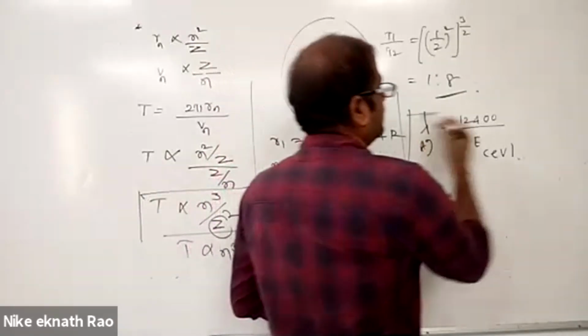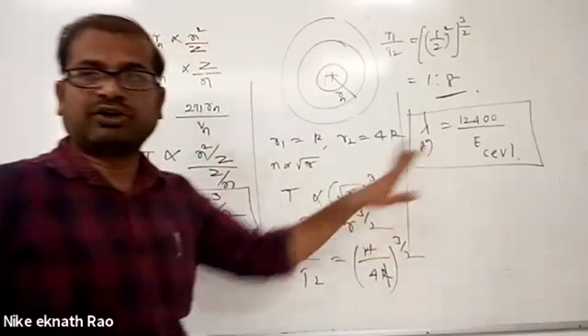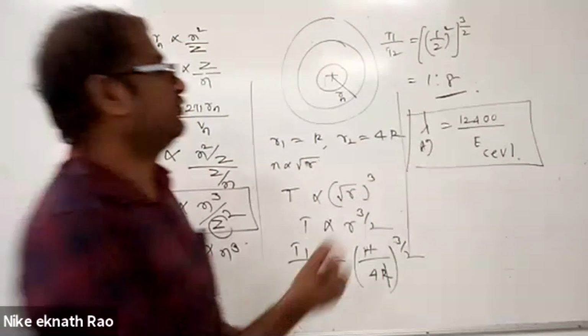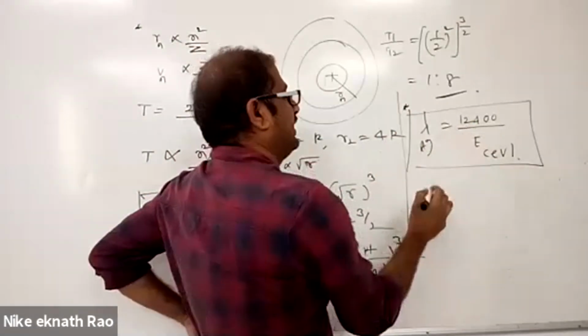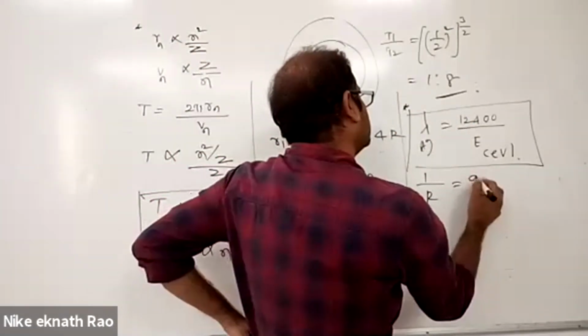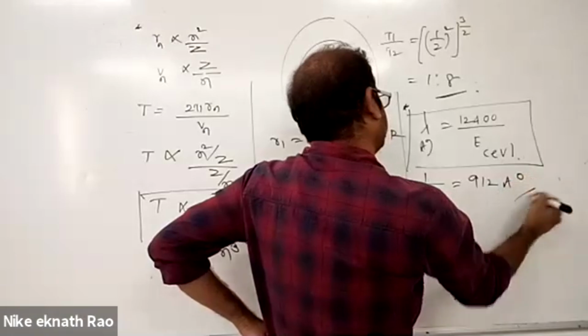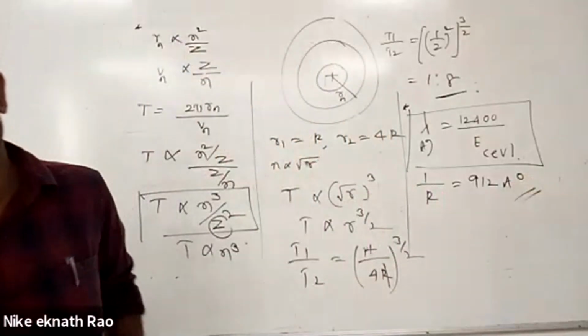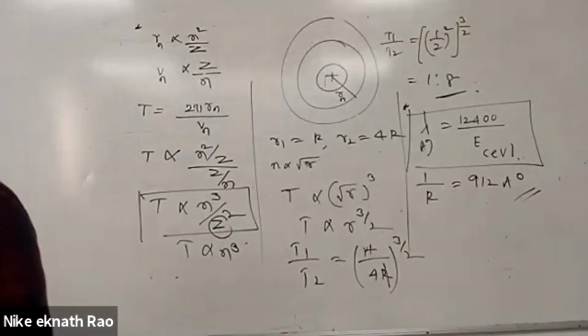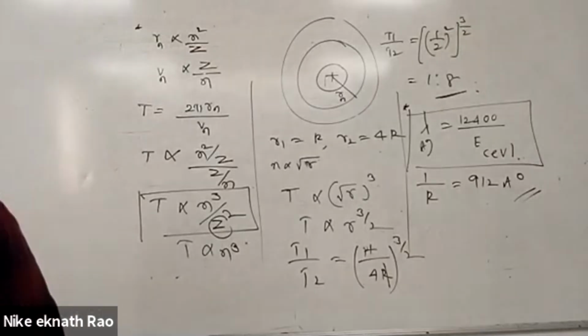E is equal to h nu, nu is equal to c by lambda, from there we have derived the energy relation. So whenever you want lambda in Angstrom, use this one. And 1 by R value is 912 Angstrom. Sometimes the problem will be useful. Keep in mind.